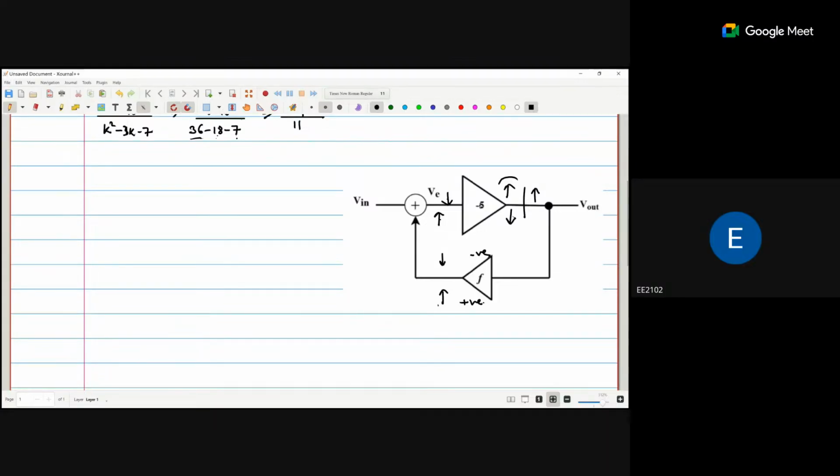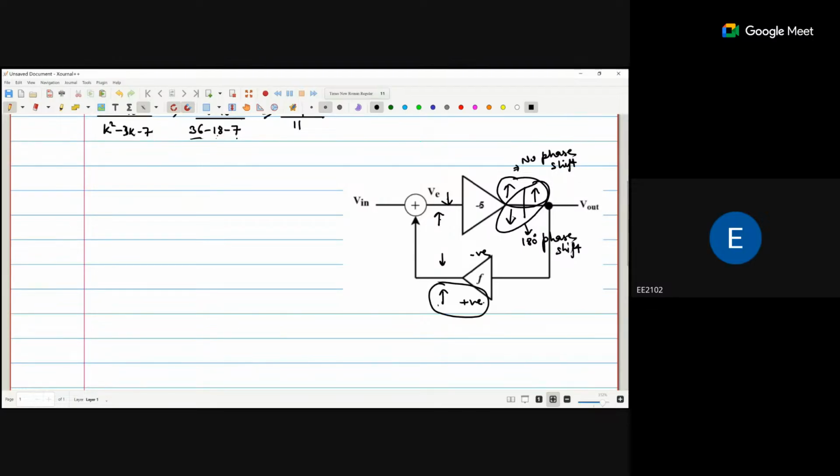So here there is no phase shift, and the other case is a 180 degree phase shift. The requirement is that if I need a 180 phase shift, this F value should be positive.